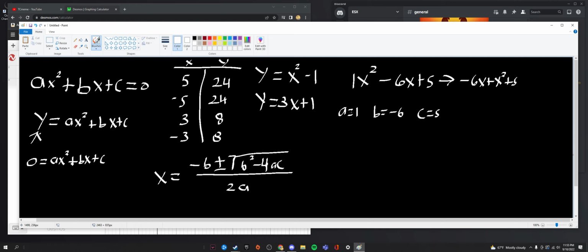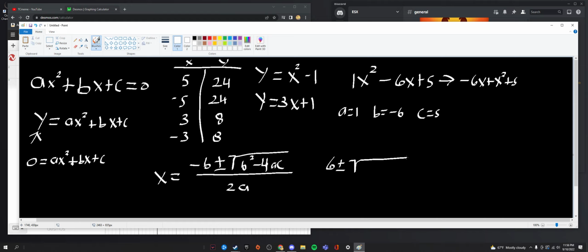Now that we have our coefficients and constant term laid out, what do we do? Well, we can just flat out plug it in. Since this is negative b, it would be negative of negative 6, which is positive 6, plus or minus, and I'll get into what that means once we simplify this down a little bit.